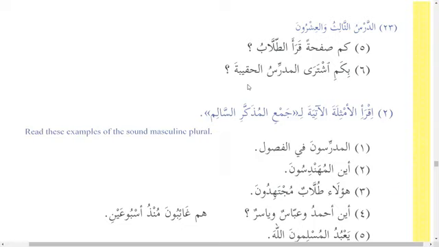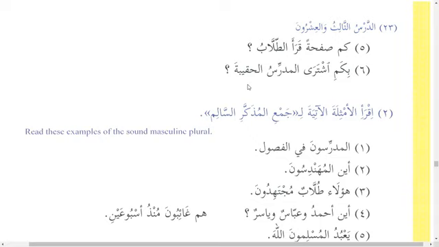Okay, why is it ثمانين and not ثمانون? Because of the harf jar ب. And we know that all these decades, the uqud, like 20, 30, 40, 50, are also flexible like the sound masculine plural, which is mudarrisuna, mudarrisina.